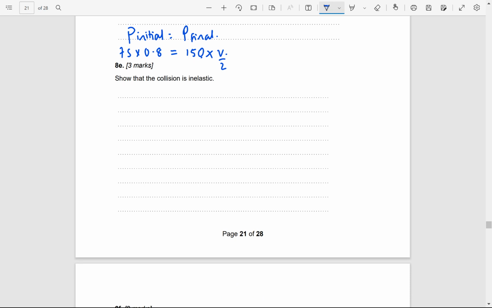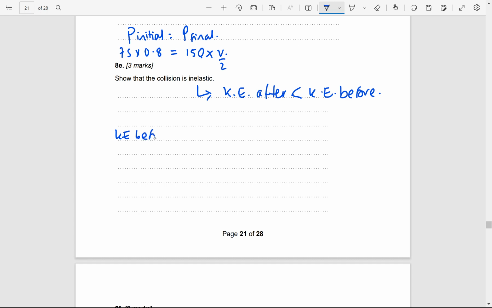Show that the collision is inelastic. Inelastic is where the kinetic energy after is less than the kinetic energy before. So we are expecting a loss in kinetic energy.